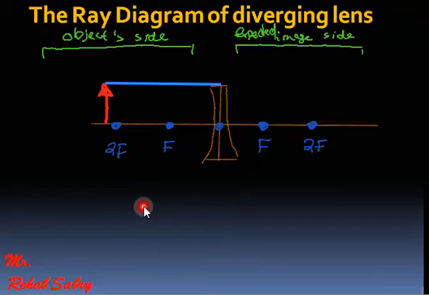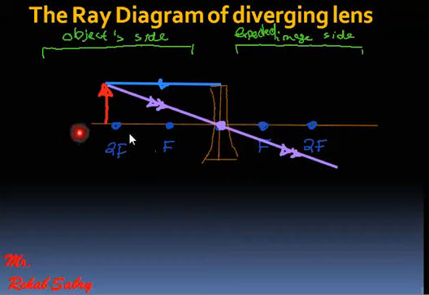The second ray is passing through the optical center, so it will go straight. It will not bend. But the first ray is parallel to the principal axis. So it will diverge.